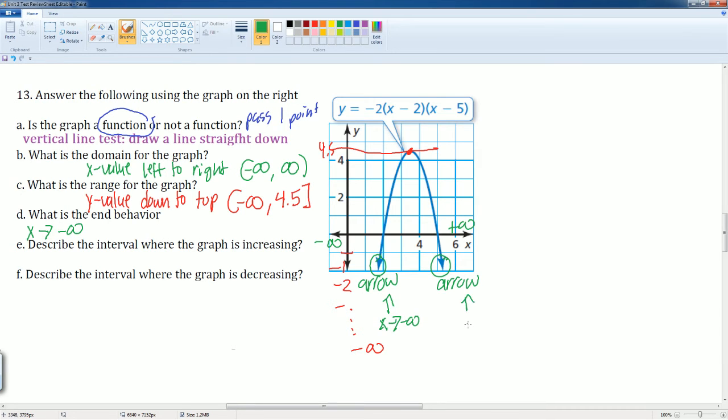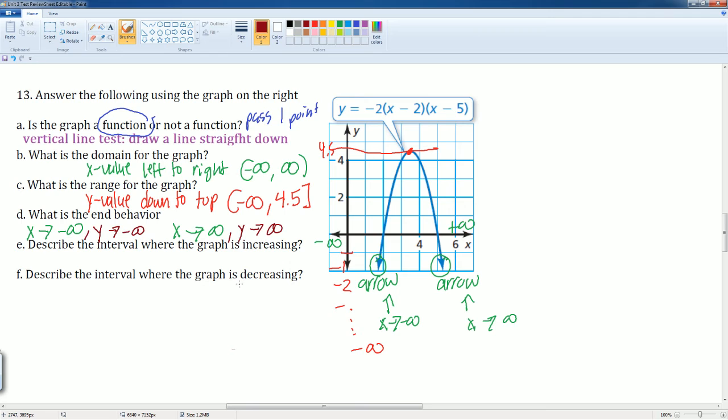So when x goes to negative infinity, what happened? Well, we saw that it goes down, so y went to negative infinity. When x was going to positive infinity, y went to negative infinity as well. Note that no one writes the positive, just write infinity. There you go.